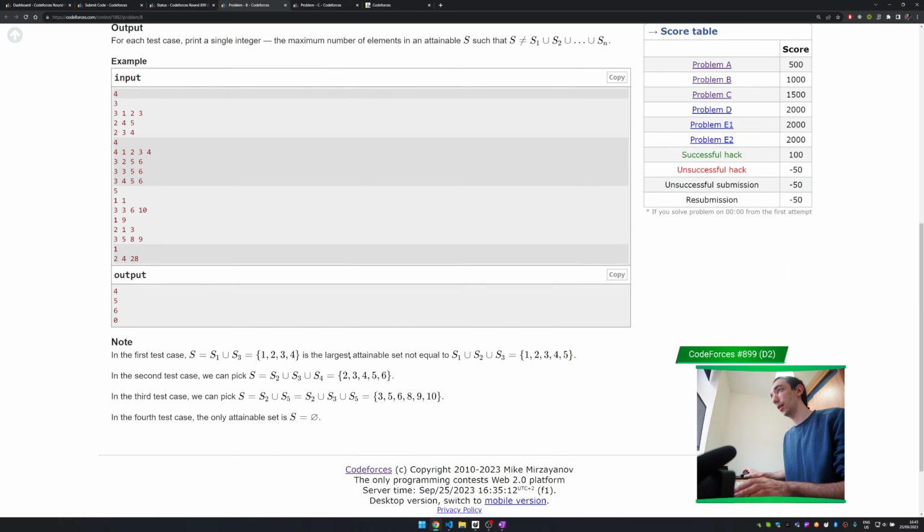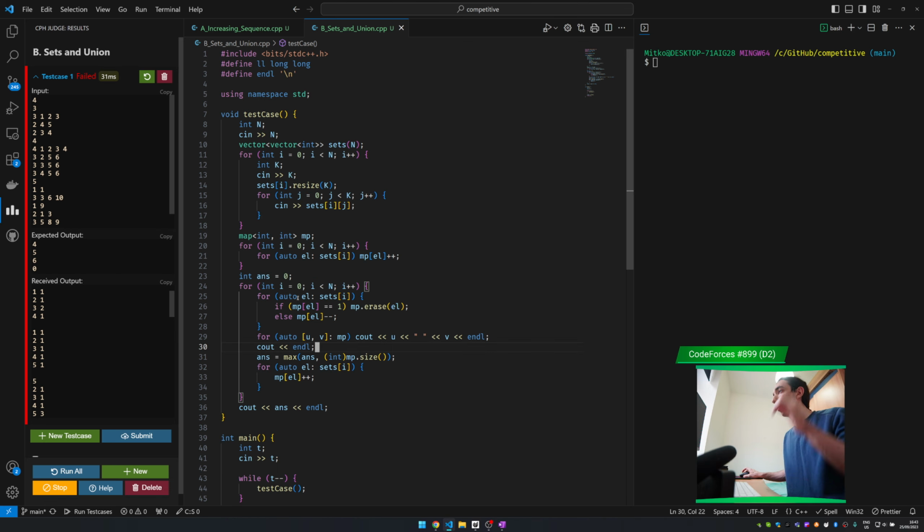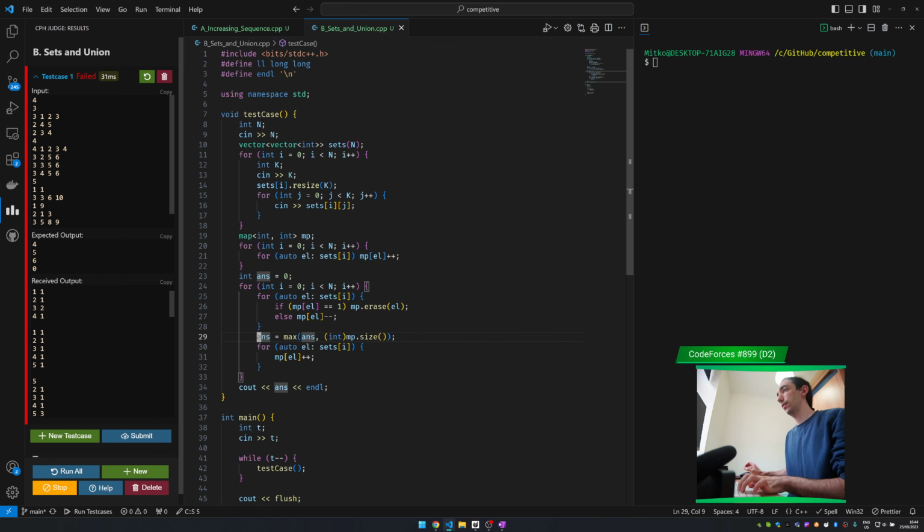Okay, this is 5. Why is it 4? Oh, set not equal to n. Oh, if mp dot size is smaller than the initial size.